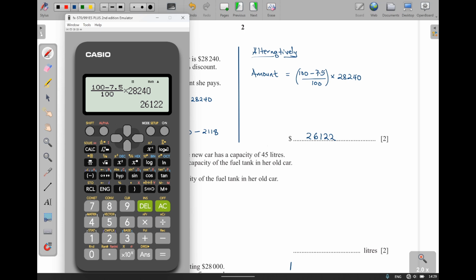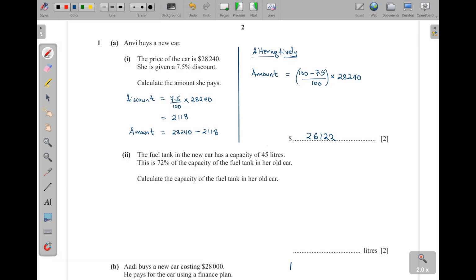So that is that. Part 2: the fuel tank in the new car has a capacity of 45 liters. This is 72% of the capacity of the fuel tank in her old car. Calculate the capacity of the fuel tank in her old car. Okay, so this one is 72%. That means we can write 72% of the fuel in the old tank is equivalent to 45.